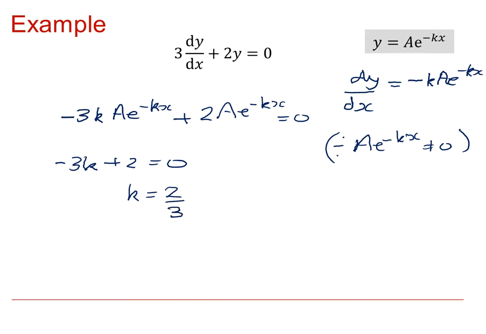And then we could say that the general solution is y equals a e to the minus 2/3 of x. If we wanted to verify this, we could substitute that back into the original equation. This is called the auxiliary equation.